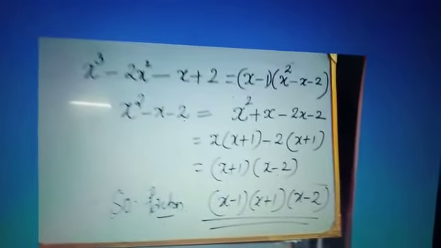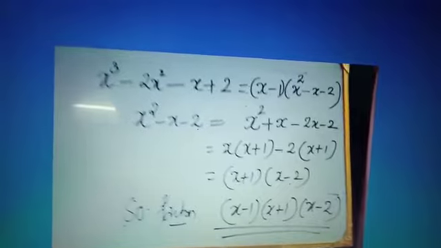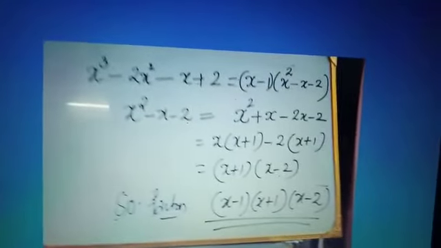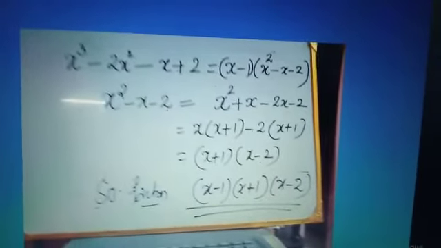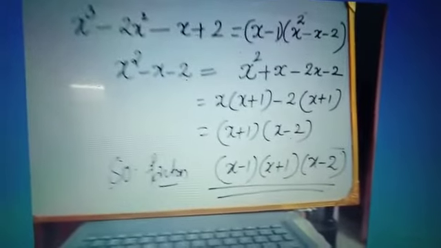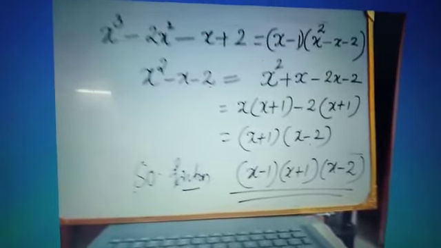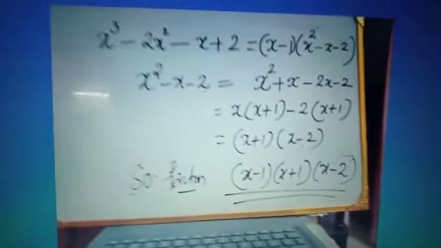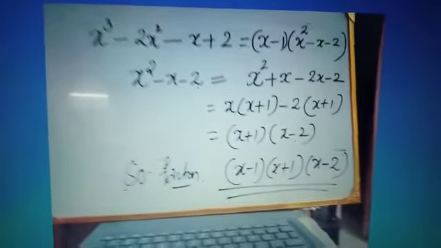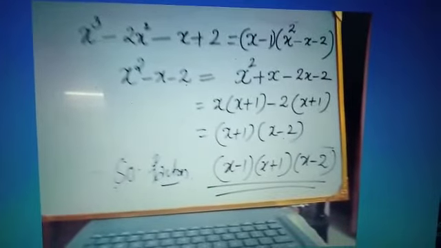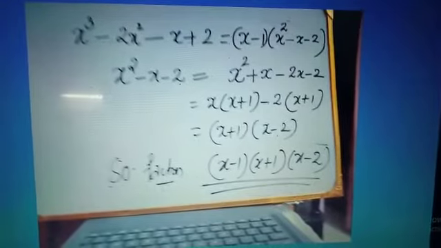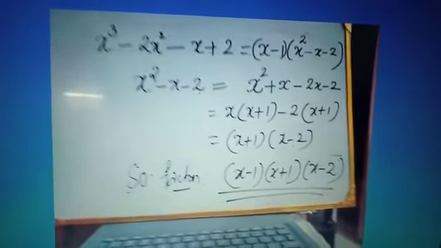Split the middle term. So take only the second degree polynomial, split the middle term, and you get the other two factors. Now the factors are totally (x - 1), (x + 1), (x - 2). And this is another method of finding the factors of any cubical polynomial.